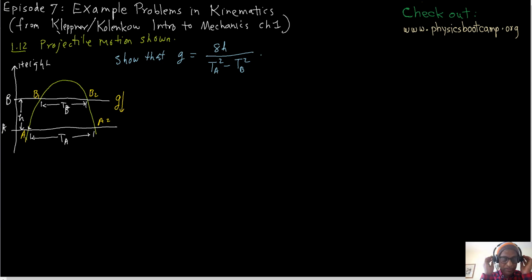Okay, so welcome to another problem. This is a projectile motion problem. Some projectile goes up and then comes back to the same level. You can think of this as an x-axis, horizontal.